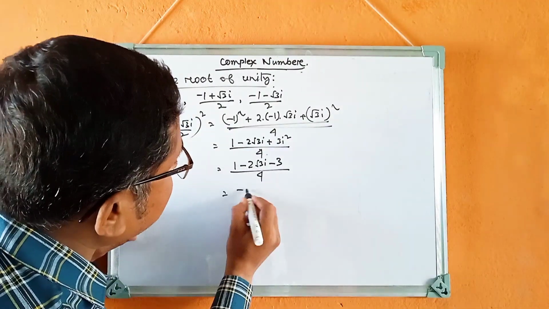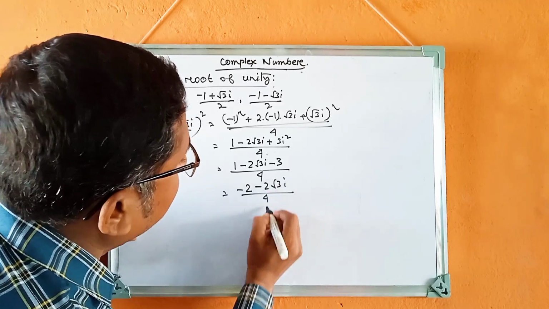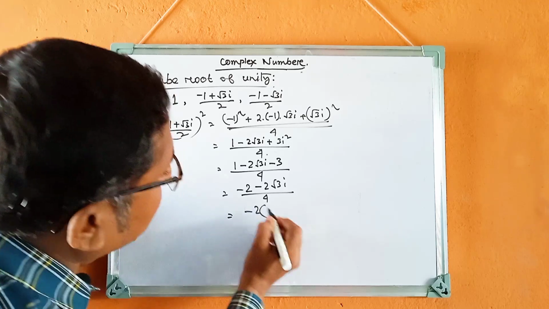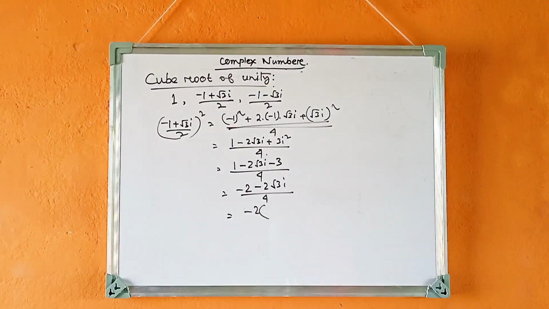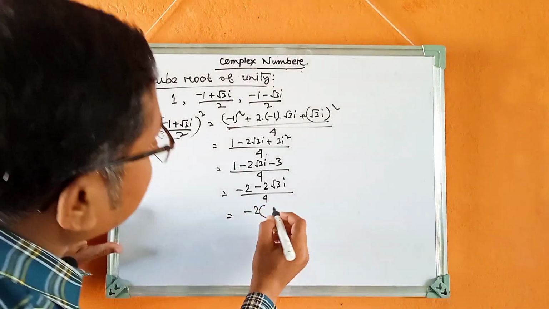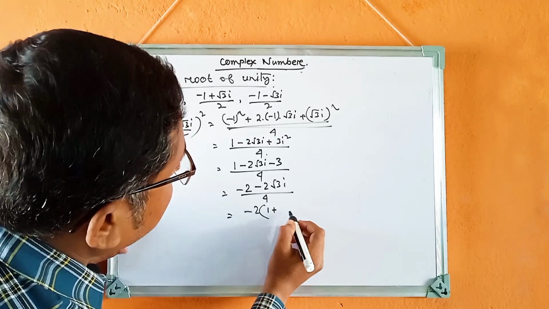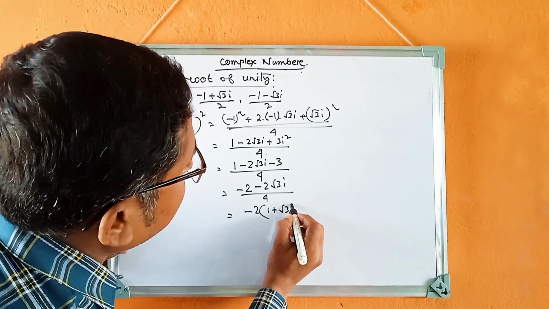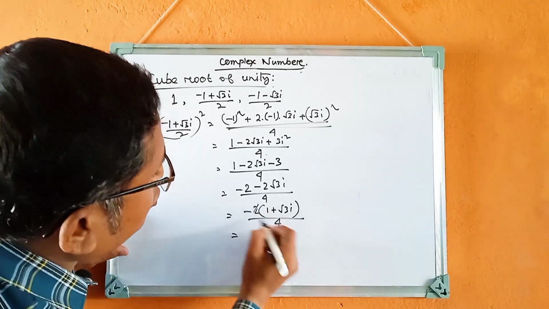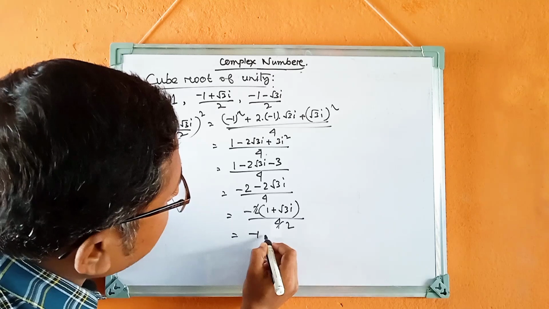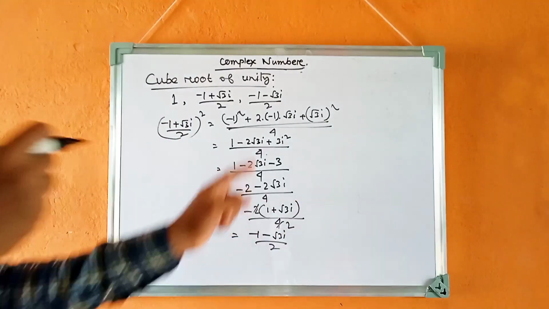Now 1 minus 3 is minus 2, minus 2 root 3 i divided by 4. So we take minus 2 as common, and we get 1 plus root 3 i divided by 4 times minus 2. So we get minus 1 minus root 3 i divided by 2. This is the third one.